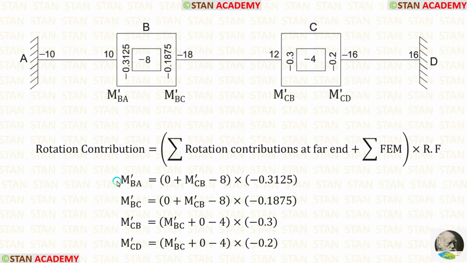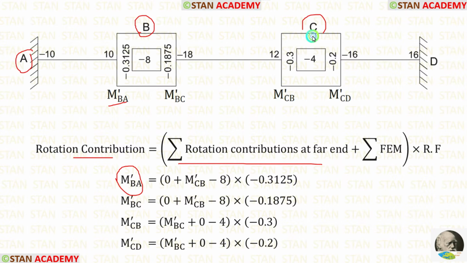Now let's see how to calculate M'BA. In the formula, first let's see how to calculate summation of rotation contributions at far end. M'BA is located in the joint B. For the joint B, the far ends are A and C. In the point A, the rotation contribution will be 0 because it is fixed. In the point C, we are having two rotation contributions.